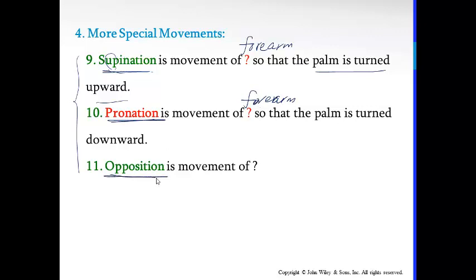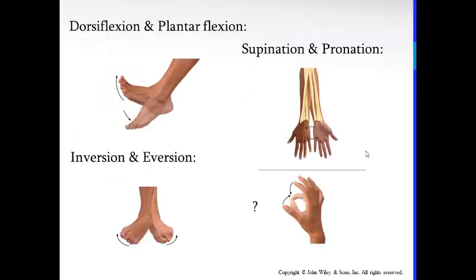Opposition, if you do it right now with your thumb and any of the rest of the fingers, using your opposable thumb, saying for instance an OK sign, that's opposition. So let's take a look over here.